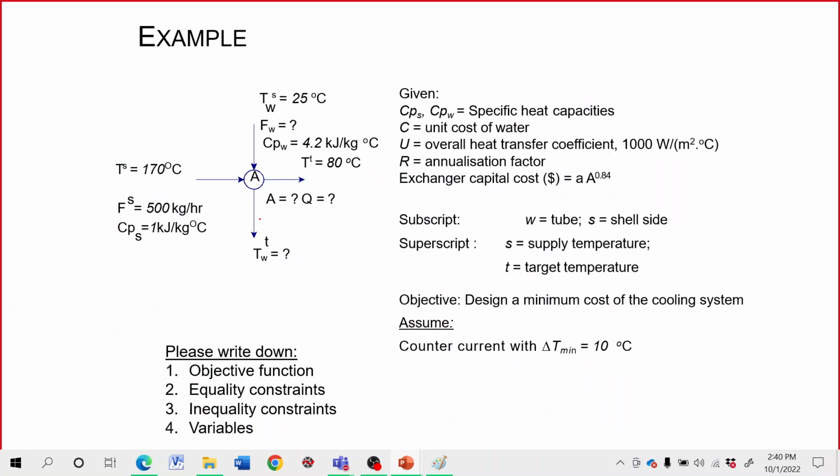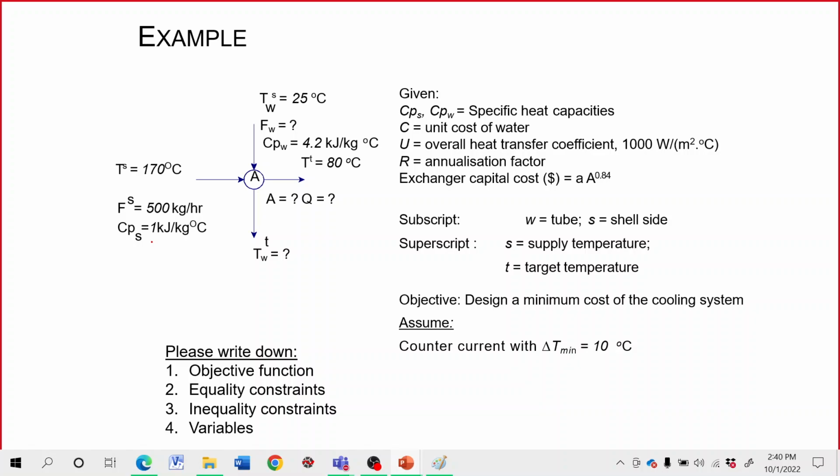Now, we have this. I think you have it also in the slides, but try to think first. So for example, we have a process stream. It comes at 170 degrees C, and the flow rate is 500 kilogram per hour, and the CP value of this stream is 1 kilojoule per kilogram degree C, to make it simple.